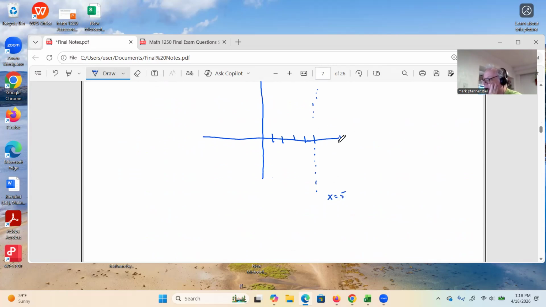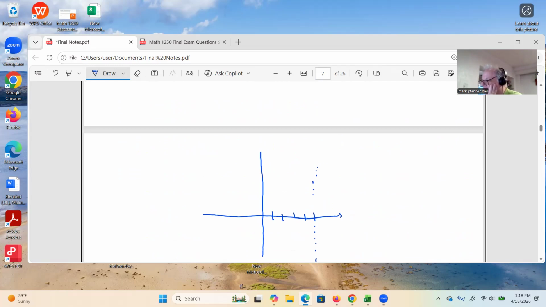Okay. We also have an oblique asymptote at y equals x. So here. Okay, so I'm just going to kind of try to dot this in as best as I can and see if I can't get this to come out. All right, so there we go.